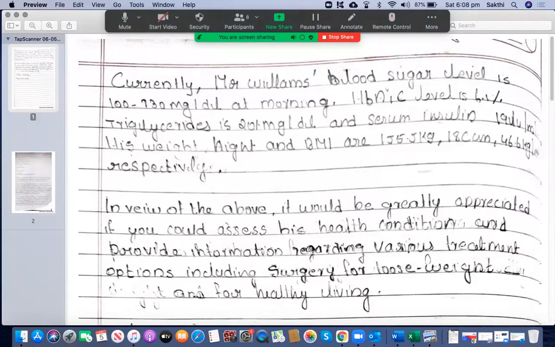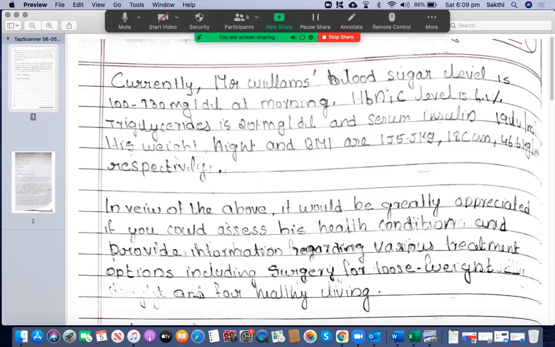All right. His weight, height. Okay, height, spelling mistake. Are these measurements normal? No, he's overweight. Okay. But you don't need to mention all these measurements unless it's really important.